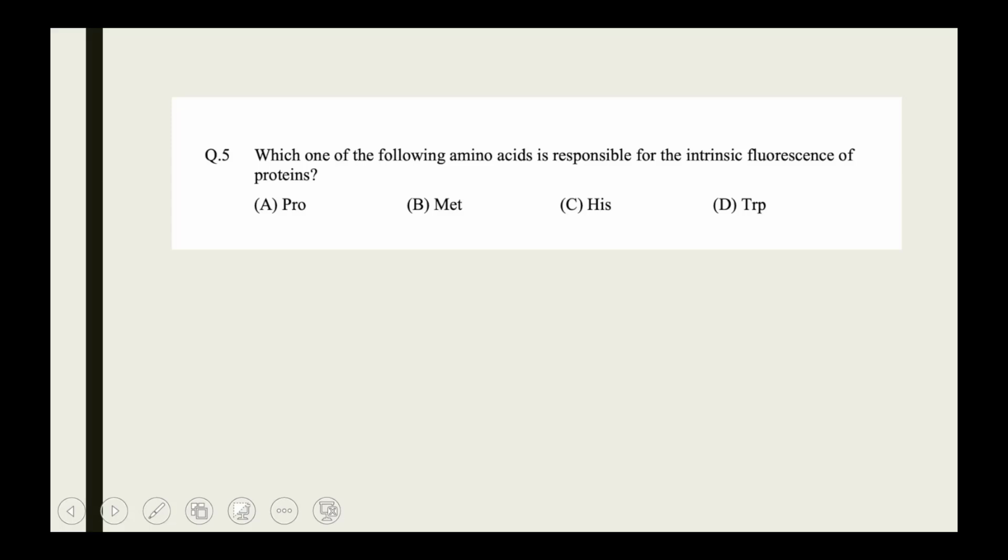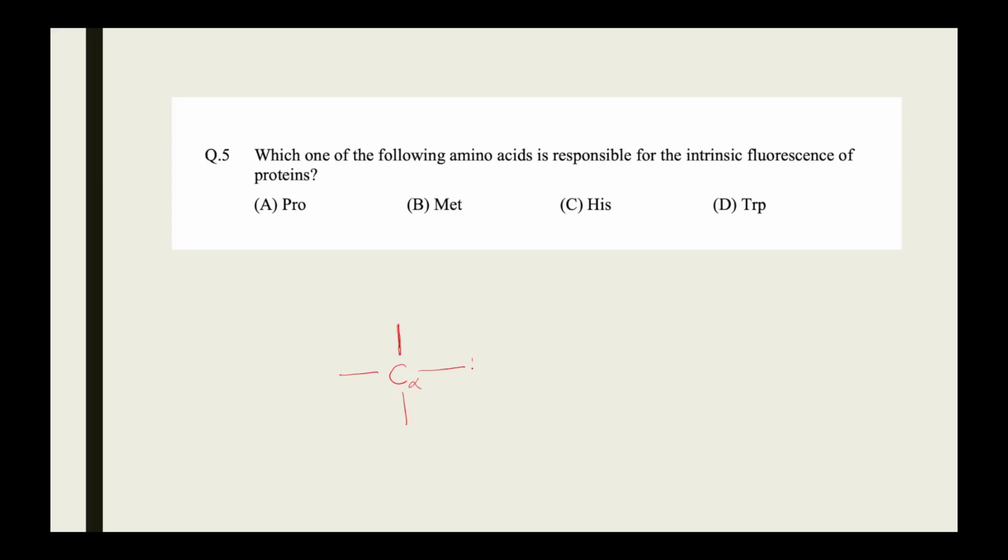So to begin with, the basic structure of an amino acid: the alpha carbon and all the four valencies.